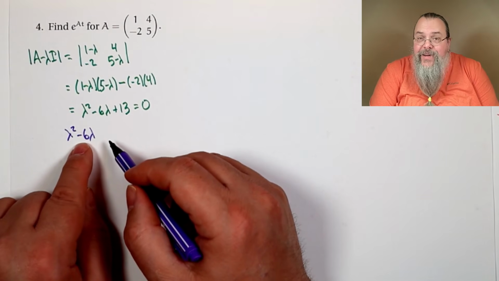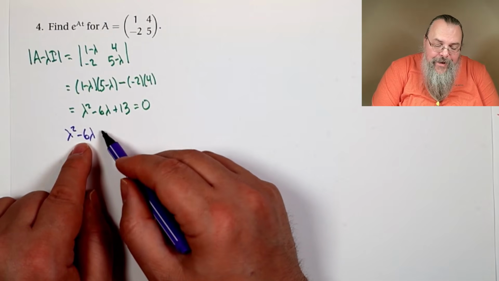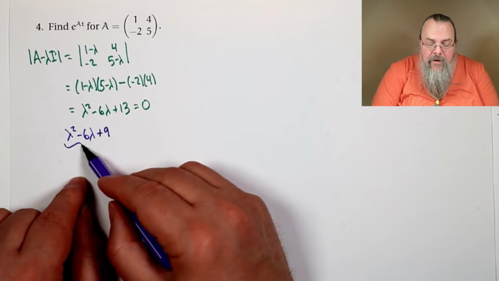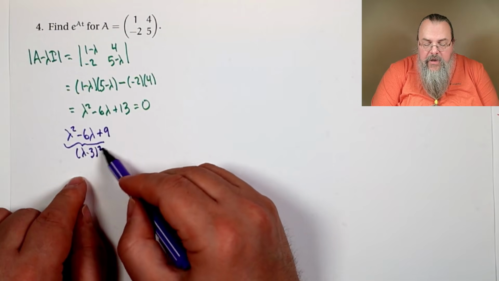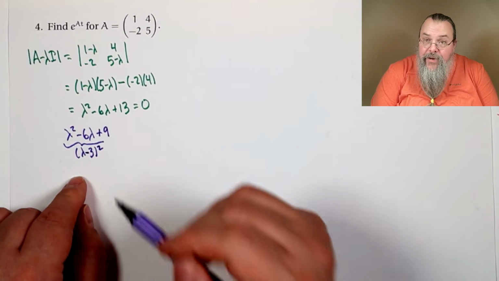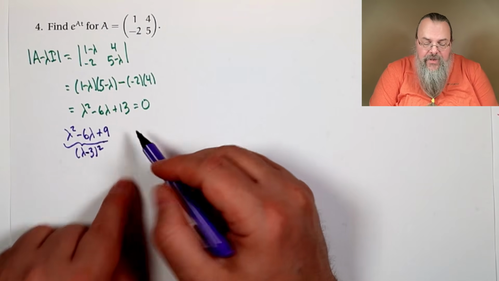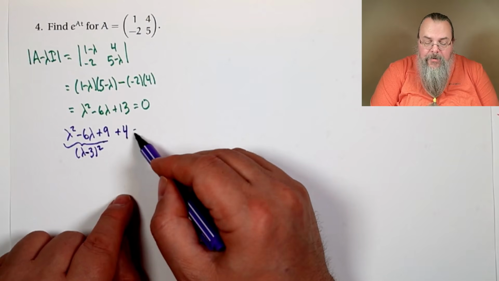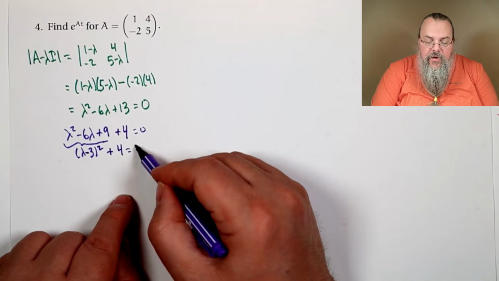You take the negative 6, divide by 2, go to negative 3, and square it. So if I stop there, this part is a square. Lambda minus 3 squared by design. But wait a second, we don't have plus 9, we have plus 13, which means that we have 4 more left over. Or lambda minus 3 squared plus 4 equals 0.